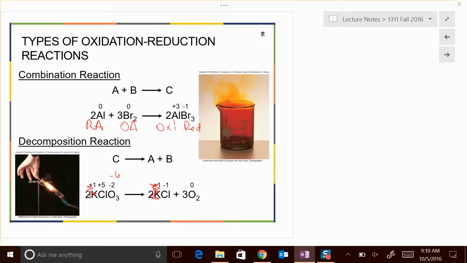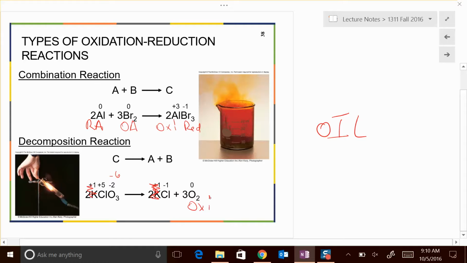So all we're looking at is the chlorine and the oxygen. Which was oxidized and which was reduced? Chlorine was reduced and oxygen was oxidized. Oxygen was oxidized because it had -2, extra electrons. It lost those and went from -2 to 0. Oxidation is loss, so O2 was oxidized.